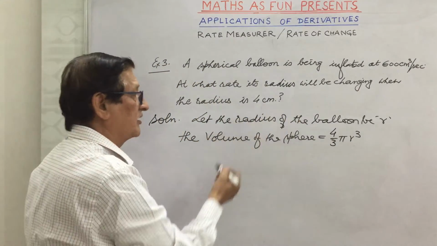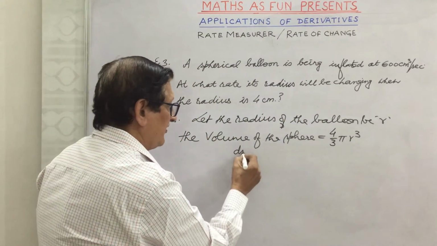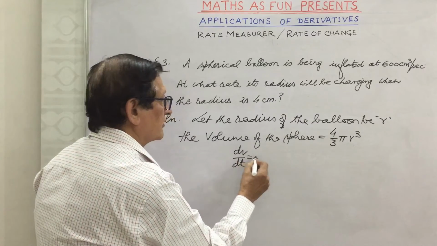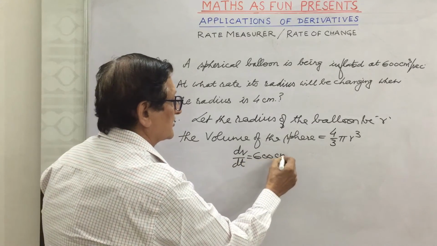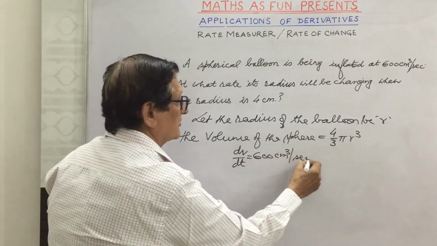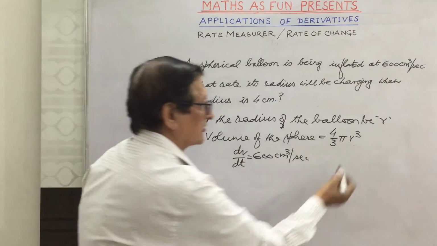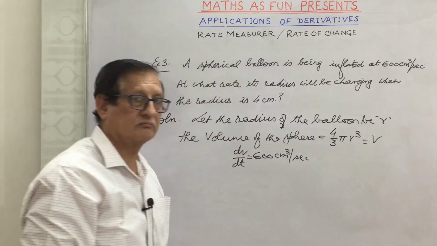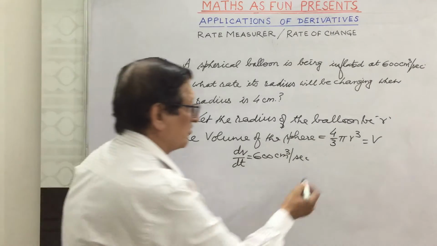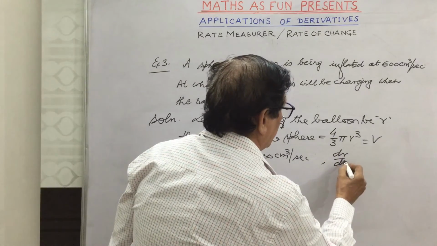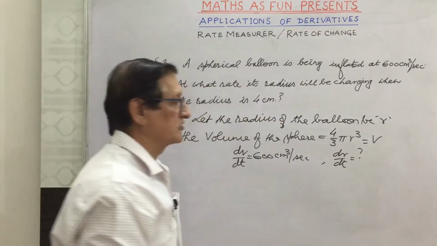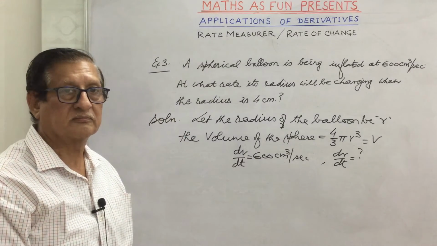We have already been given here dV by dt, that is 600 centimeter cube per second. We can consider this as V, the volume. And we have to find out dr by dt, that is the rate of change of radius.